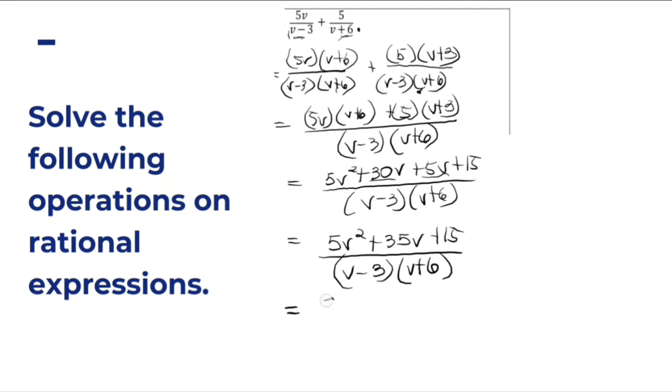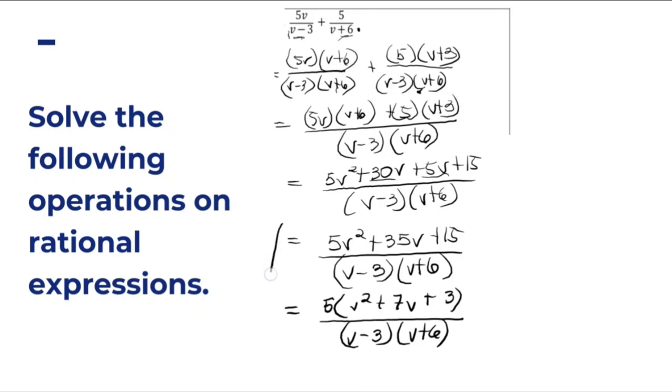So let's factor out 5 and you'll have v squared plus 7v plus 3, all over v minus 3 times v plus 6. So v squared plus 7v plus 3 can no longer be factored. So we'll stick with this as our final answer.